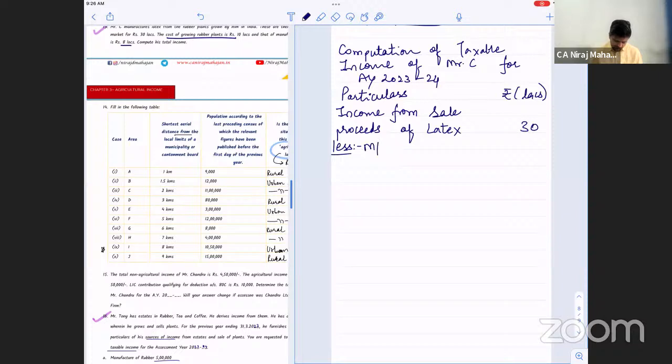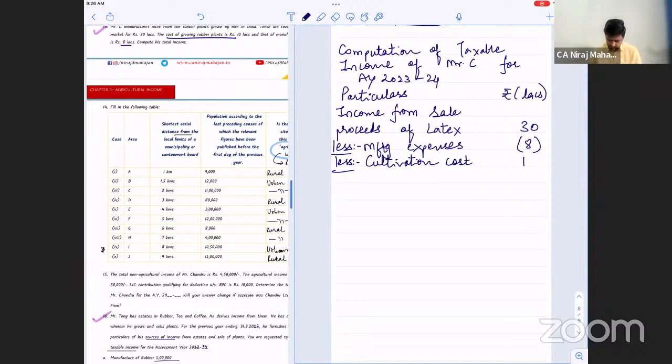Let me first reduce manufacturing expenses. Manufacturing is 8 lakhs. And also reduce cultivation expenditure, cultivation cost. How much, everybody? 12, correct? No, 10 it is.